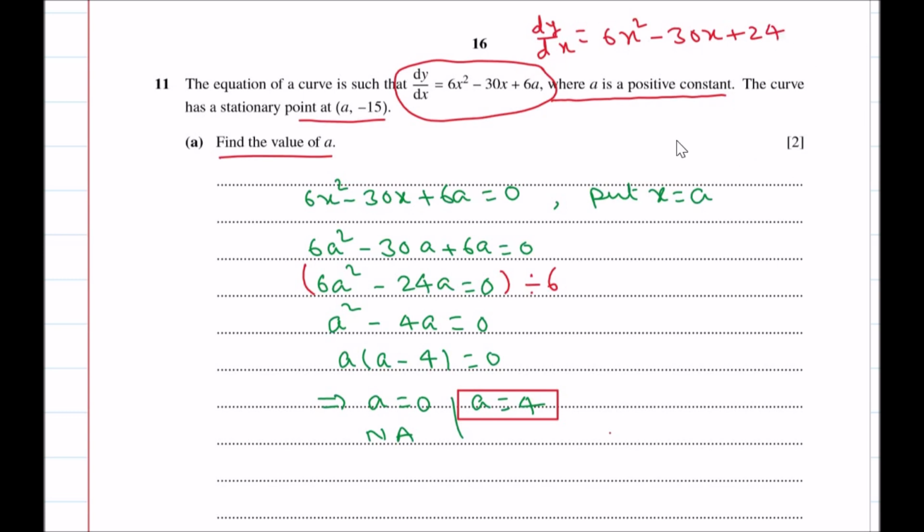Now we'll write this value there. Let me write dy by dx is equal to 6x square minus 30x plus 24.